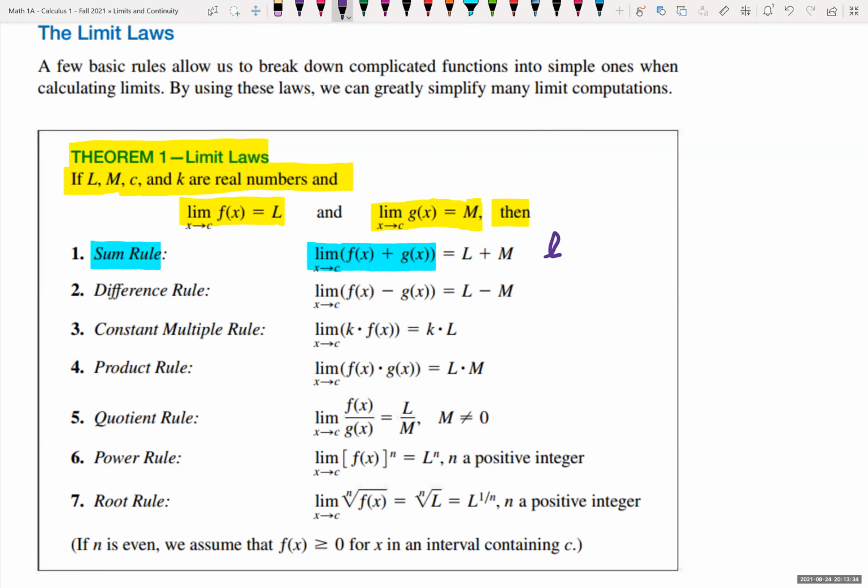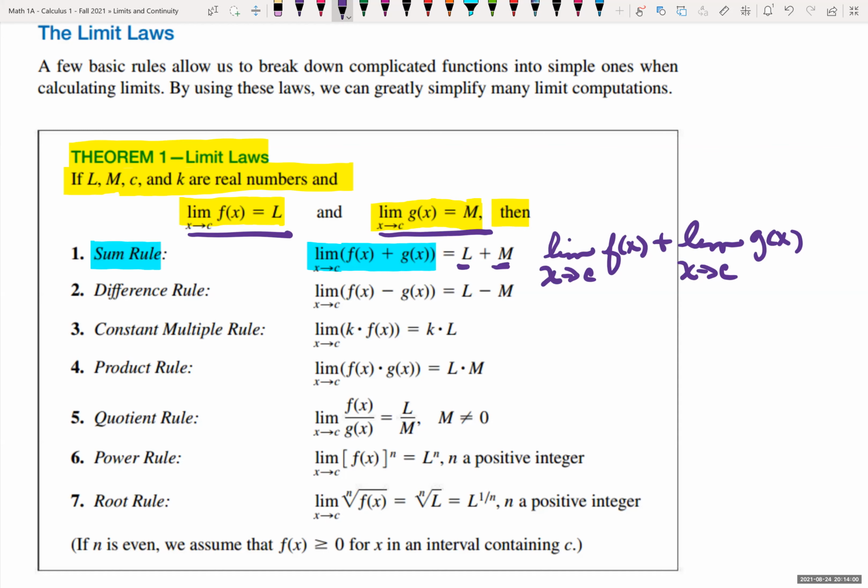So we can look at the limit as x approaches c of f of x and break it down as plus the limit as x approaches c of g of x. And we saw up here, the limit as x approaches c of f of x was our L value, and the limit as x approaches c of g of x was equal to M.